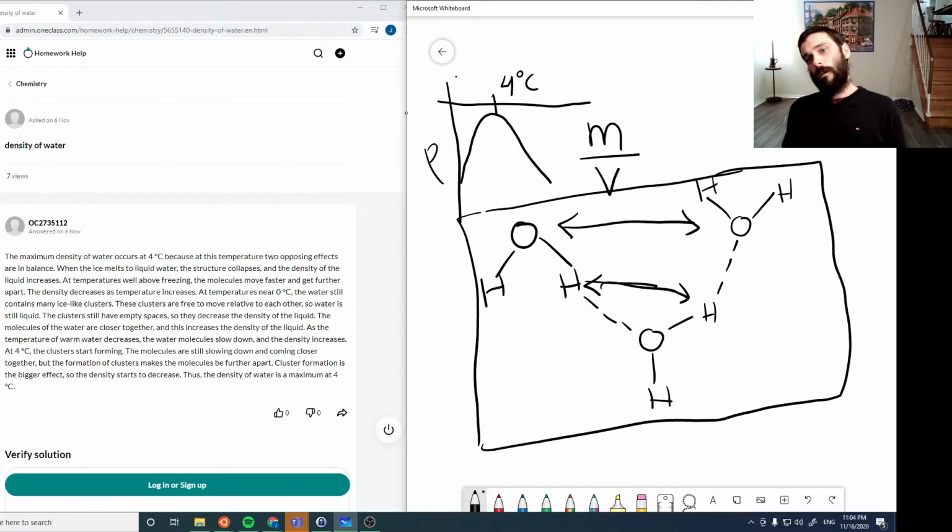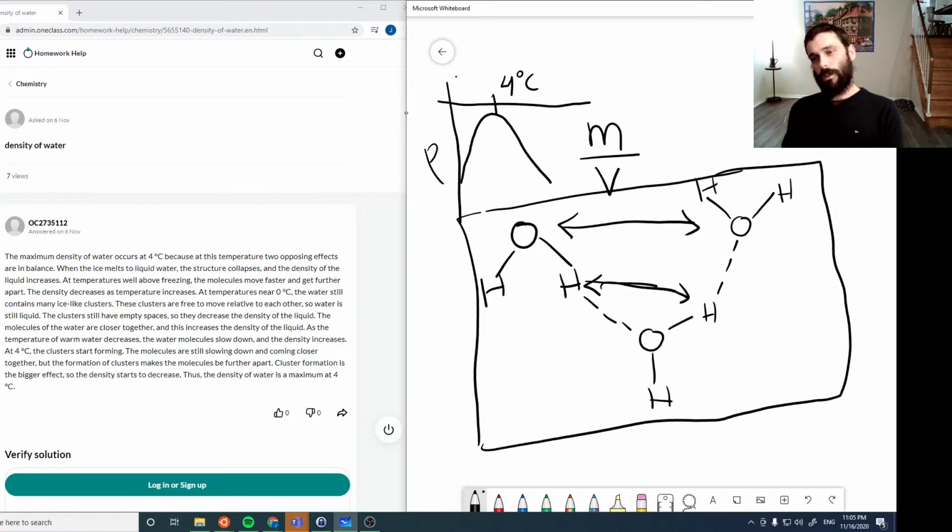Whereas, if they pull each other closer together, the density should actually increase. So as they slow down, it's actually not pulling closer together. It's this effect of them not moving fast enough to move around. And so you're stuck with, on average, the density dropping, because they can't jumble around.